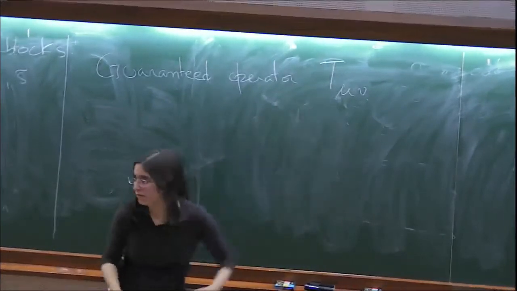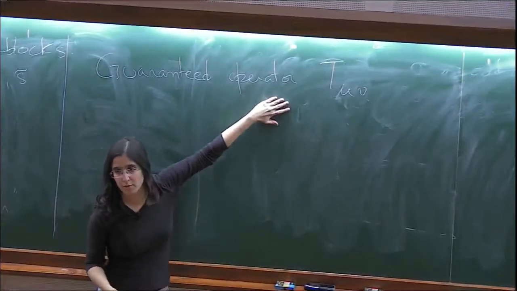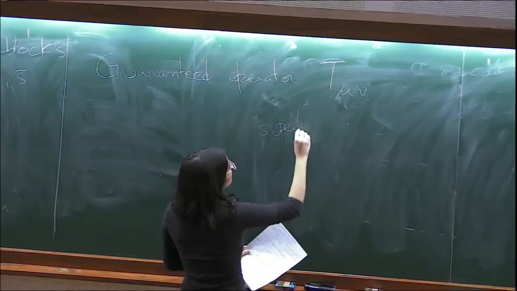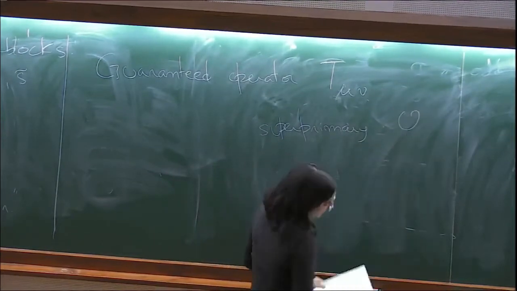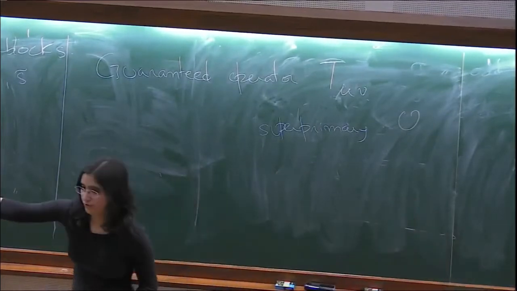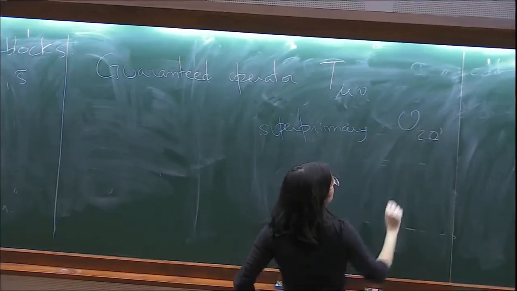And now I should ask, how does it sit in this bigger structure? So the stress tensor is actually not a superconformal primary. The superprimary is an operator that transforms non-trivially under this SU(4)_R symmetry. So it actually transforms in the 20' representation of SU(4).